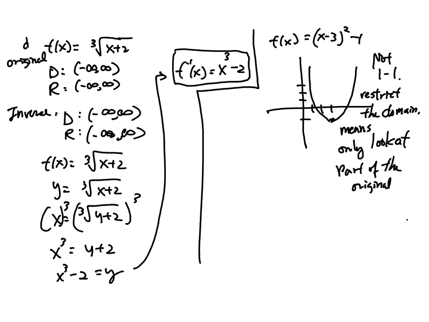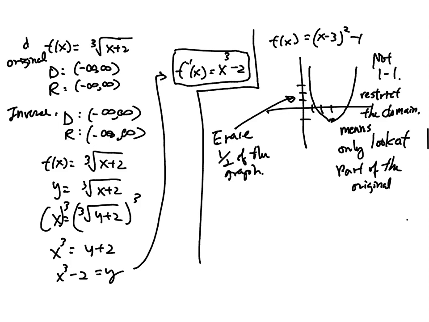Okay. So the only way I can turn this graph into a one-to-one function is if I erase half of the graph. Right? If I erase half of it, that means the other half will pass both vertical and horizontal.